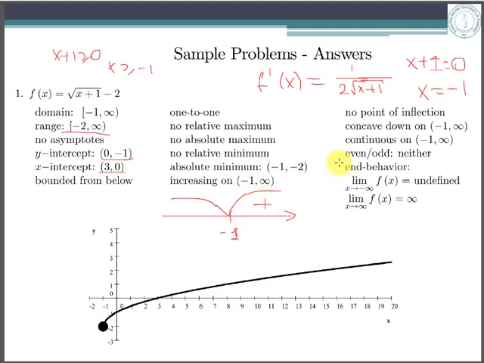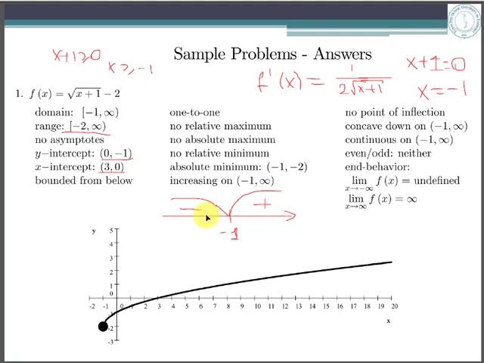This is positive. And if we take any number which is less than minus 1, for example minus 2, we cannot do it because we have a square root.